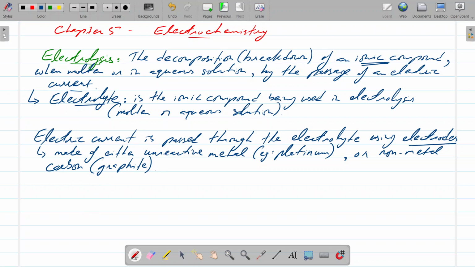So either of these two are usually used to form electrodes, the reason being that they are inert. In some cases the carbon does end up being depleted, but for the most part they are inert.